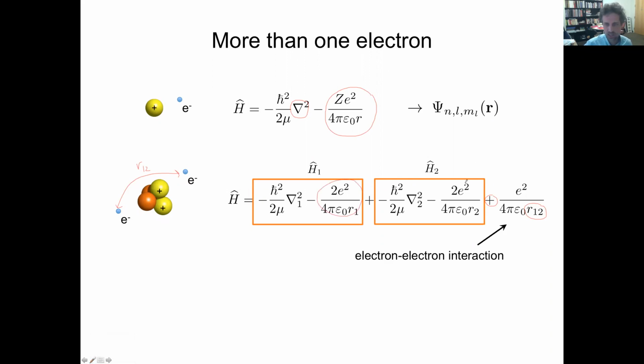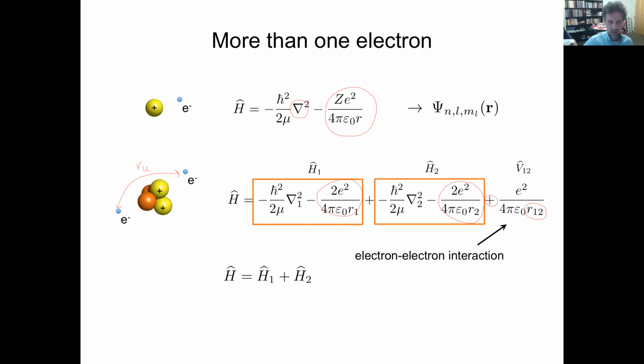That's the potential energy with the electron and the nucleus. So I have H1, that is the kinetic energy and potential energy of electron 1 with the nucleus. Then I have the same for electron number 2. I can call that H2. And then I have an extra term, which I call V12. That is the repulsive energy, the electron-electron interaction that I did not have in my hydrogen atom.